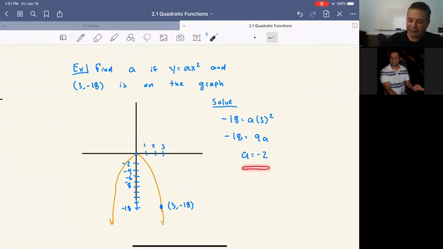Is that consistent with a parabola facing down? It sure is. So we get the equation y equals negative 2x squared. We were just asked to find a, so I didn't need to write that down.